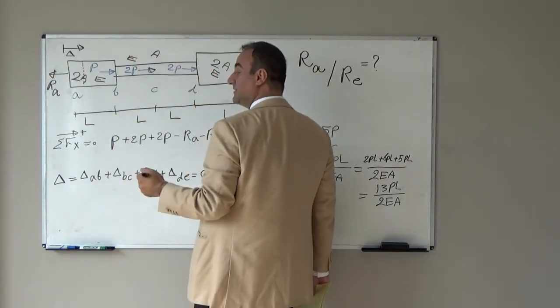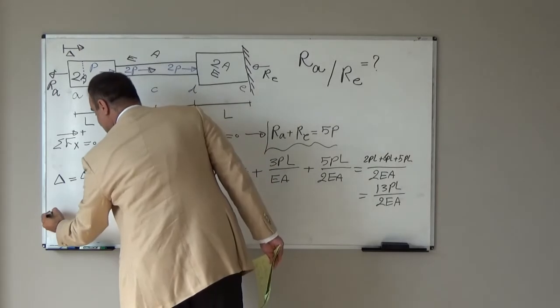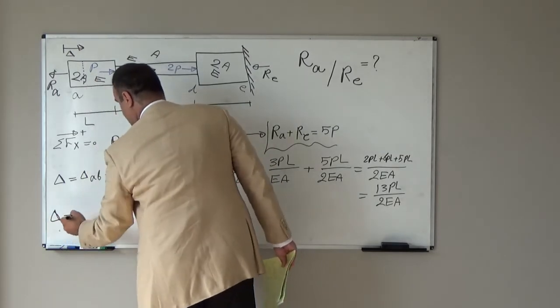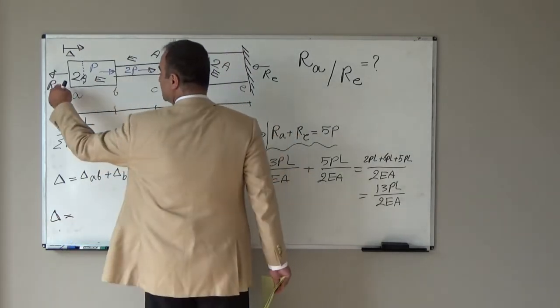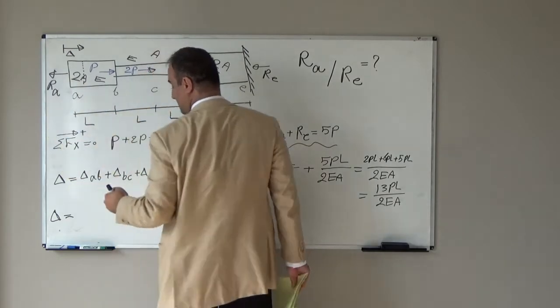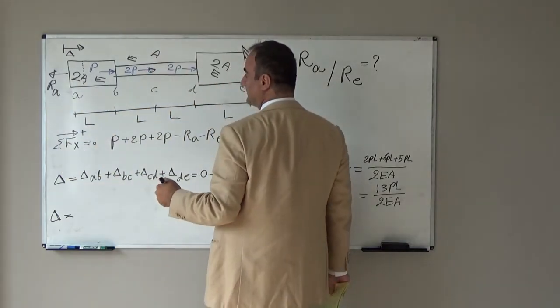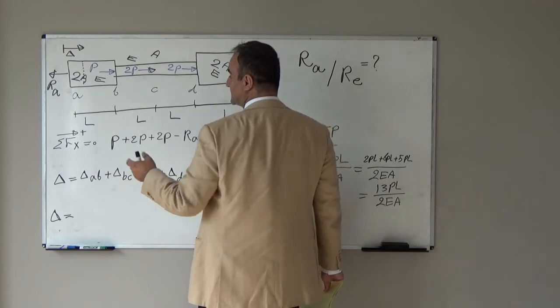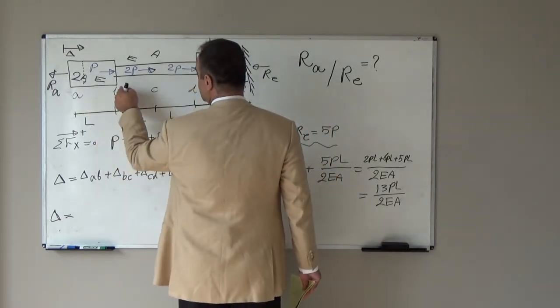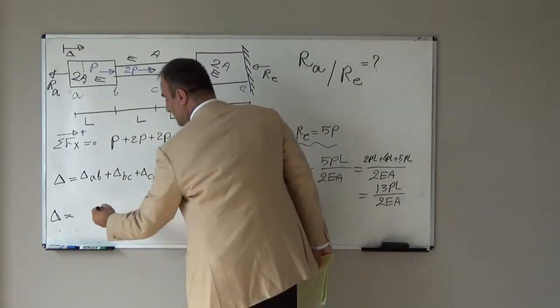So how much will it move back? Again, delta. This time, this delta is because of this reaction. Delta, because of that reaction, again, is the deformation of this part and this part.